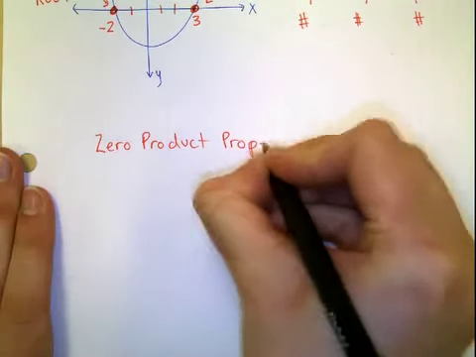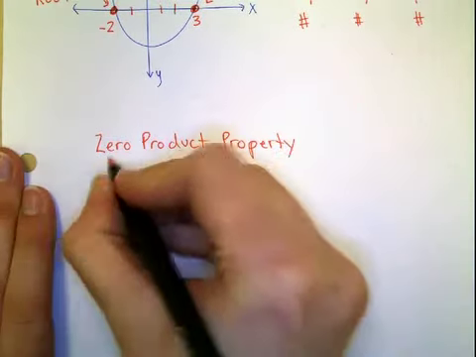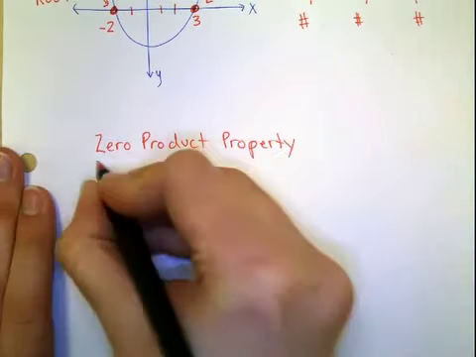The zero product property is a really important algebraic property. It basically uses common sense. It's all about the number 0. When you multiply by 0, let's say you had 3 times 0, we know the answer is 0. If I said I had 257 times 0, you'd still say the answer is 0.